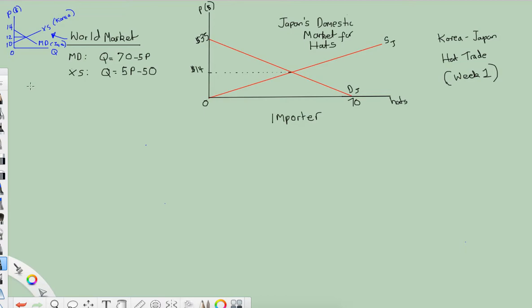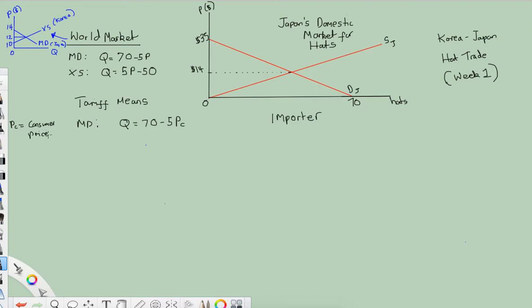Okay, so that means that we've got a tariff, and here's my import demand and export supply curves. The first thing we want to do is rewrite them, because we now know that if we have a tariff in effect, the supplier's price is not the same as the demander's price. So for my import demand curve, I'm going to rewrite that as Q equals 70 minus 5 P subscript C. And P subscript C, if you remember, is what we were calling the consumer's price.